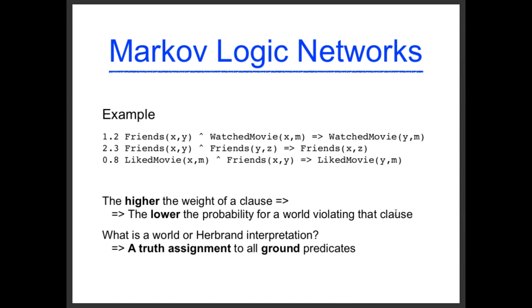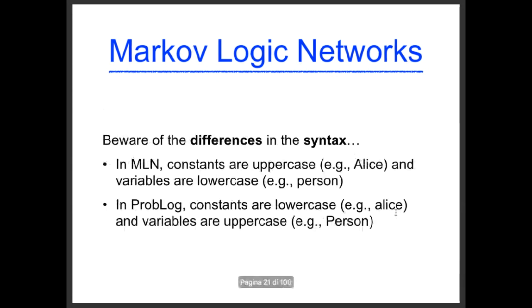I may also use this phrasing: Herbrand interpretation is exactly a truth assignment, okay, to all the ground predicates. Now, be careful, because the syntax, even in the naming, can be misleading, because it's the other way around with respect to Prolog, and thus also ProbLog, but also CP-logic, because what is uppercase in one is lowercase in the other, and the other way around.